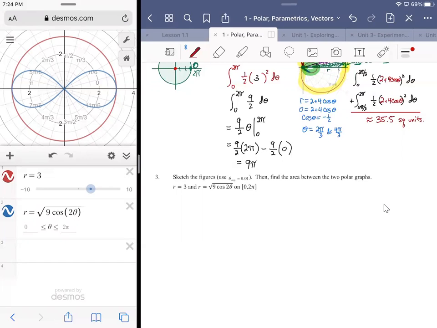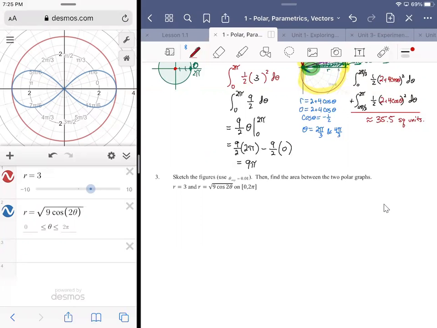We know that the outermost equation is the circle, and the innermost equation is Spider-Man's eyes. So now it's just a matter of saying, okay, if I take the circle and subtract from it Spider-Man's eyes, then I'll have the area in between the two graphs. And there you go. And then we color it in red and with little stripes, and then we actually have Spider-Man, right? So that's fine.